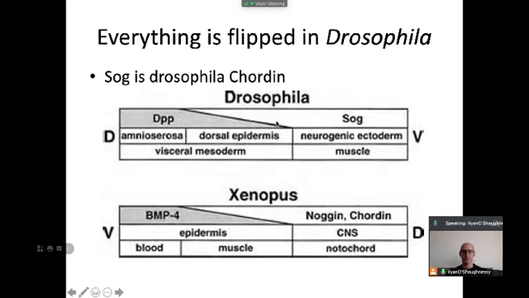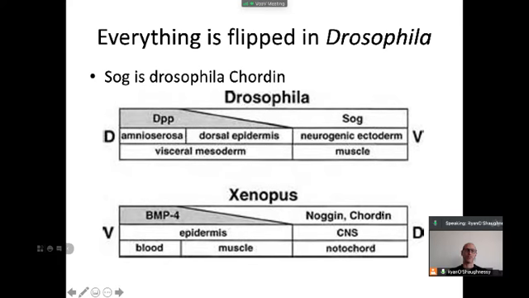So in Drosophila it's the dorsal area that has high expression of BMP, and this becomes mesoderm and dorsal epidermis, whereas the ventral side becomes our neuroectoderm, etc. Whereas in Xenopus, as we know, it's the ventral side of the embryo that expresses high levels of BMP4, and this drives differentiation to epidermis, muscle and blood.